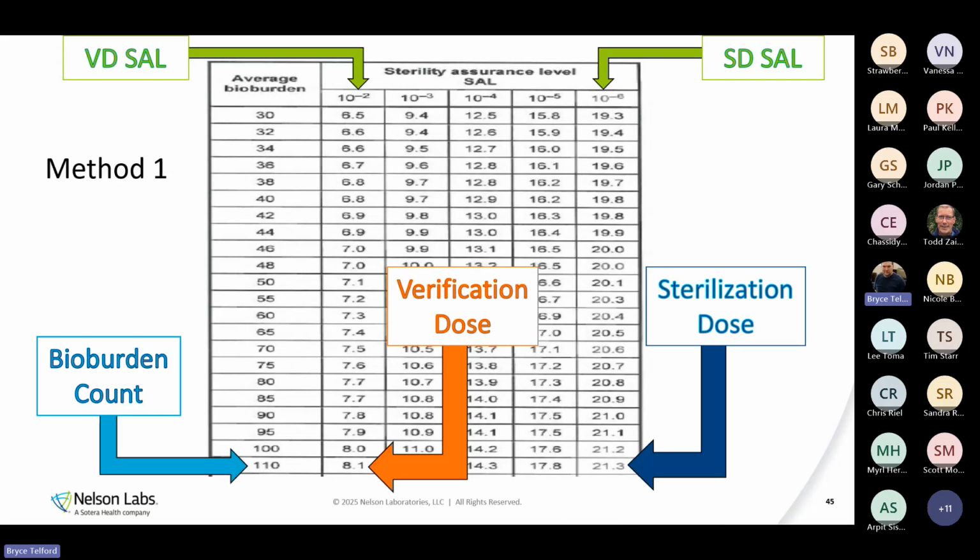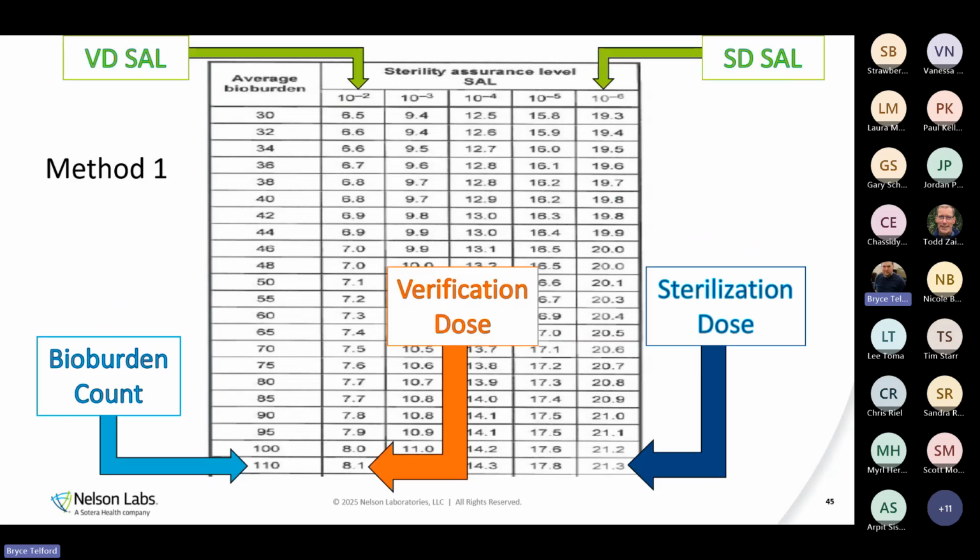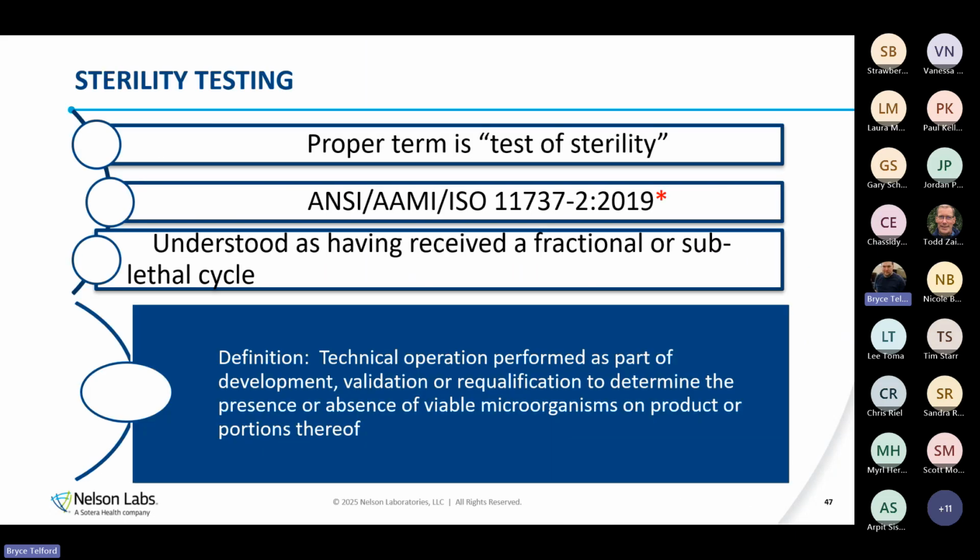So if my verification dose, for example on VD max, is 9 kilogray, then I'm allowed 9 kilogray plus or minus 10%. So I'm allowed 9 kilogray minus 0.9, and 9 kilogray plus 0.9. So 8.1 to 9.9 kilogray is the range that I need to dose in. Then I'm going to expose that for my sterility testing.